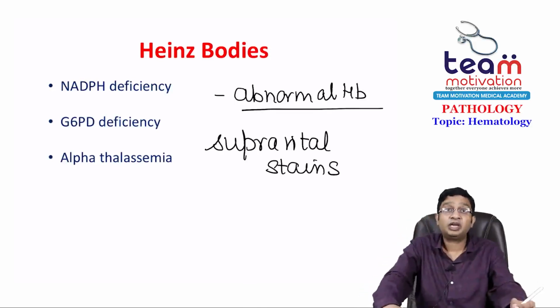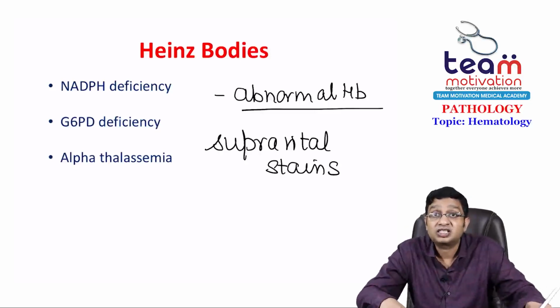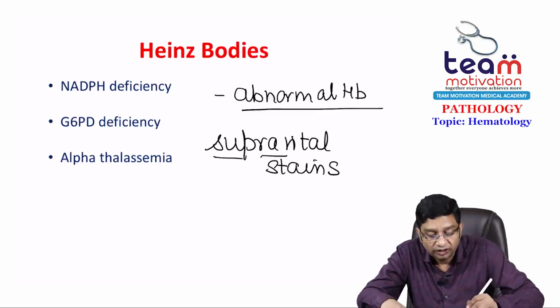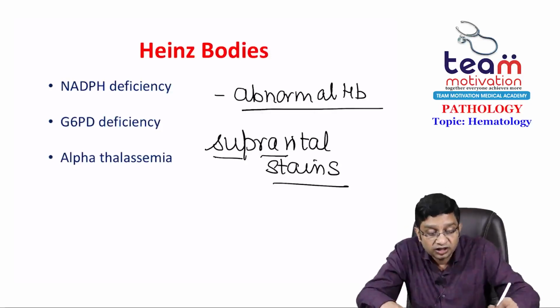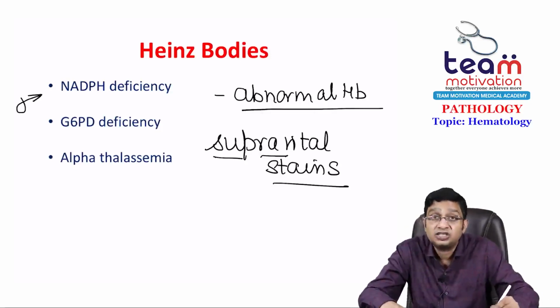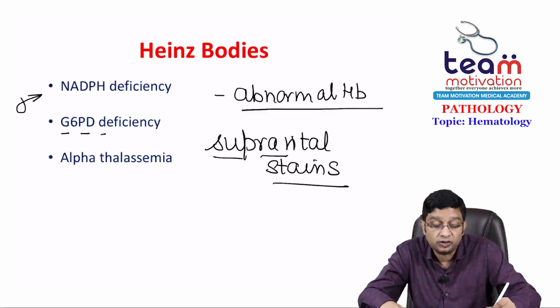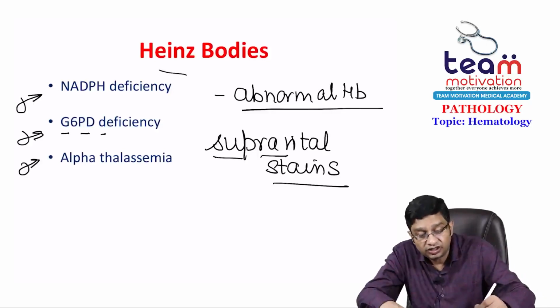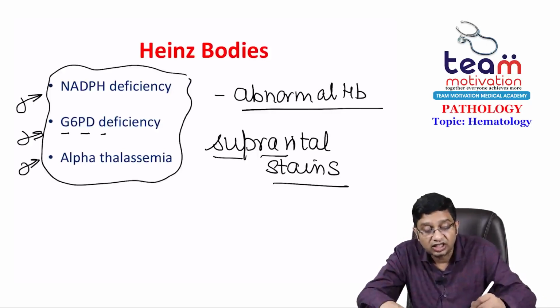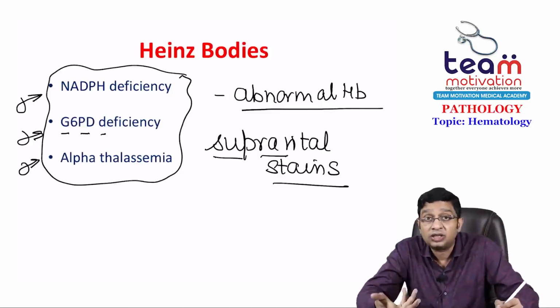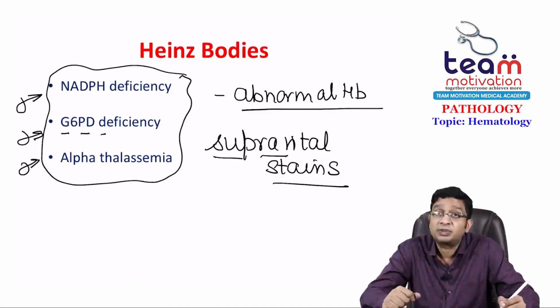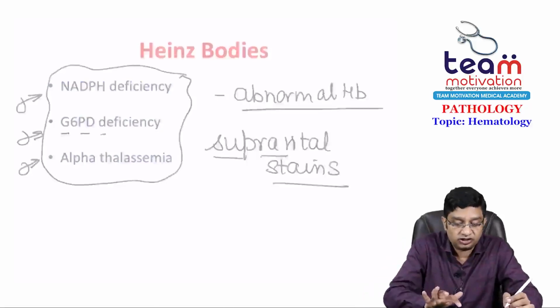They are seen in G6PD (glucose-6-phosphate dehydrogenase) deficiency and alpha thalassemia. In all of these conditions, there is collection of abnormal hemoglobin, and due to this you get Heinz bodies.